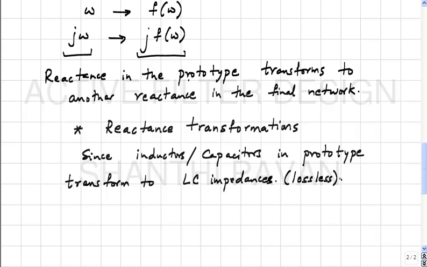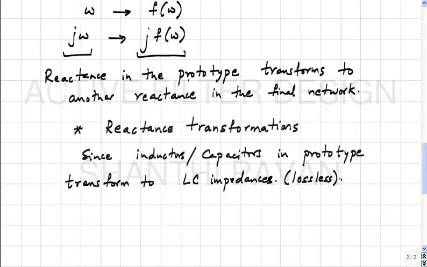So, in other words, what we are interested in is the properties of the impedance of a network made with only L's and C's. Does it make sense? Okay. All right.